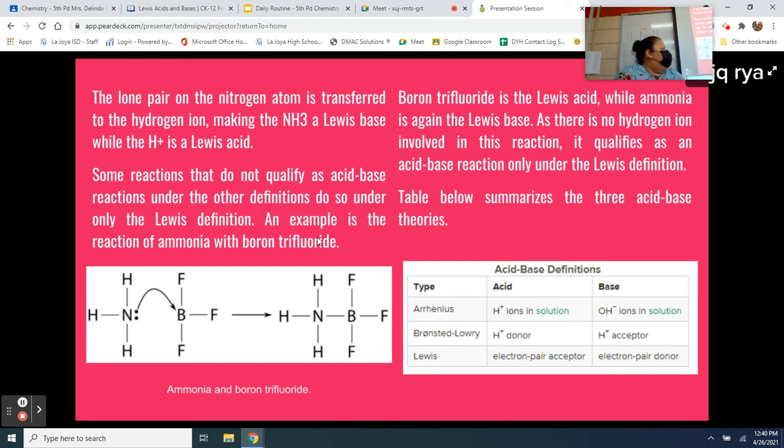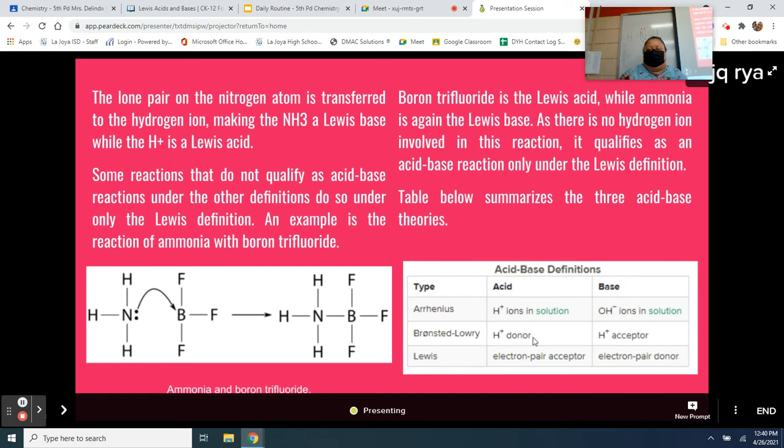Now, let's summarize the table. Arrhenius acids and bases. What does an Arrhenius acid do according to this little table on the right? What does it donate? Hydrogen. What about an Arrhenius base?